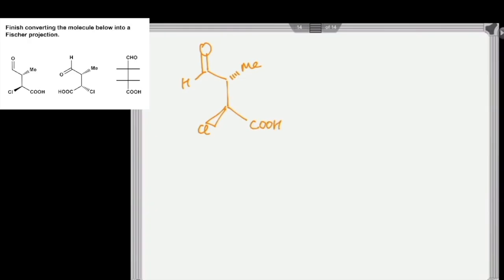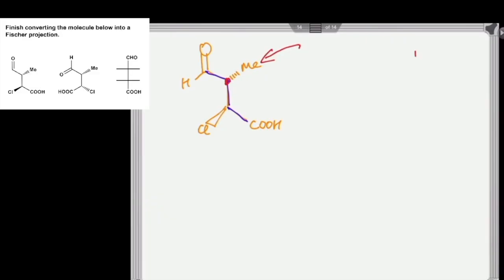So this is in our normal geometry. This is how we would do this, where we've got a staggered geometry where the carbon chain extending through has the zigzag that we're most familiar with. Once again, I would have to sight on this carbon from this direction. I'm looking at this asymmetric carbon.